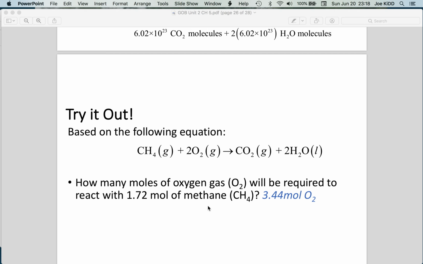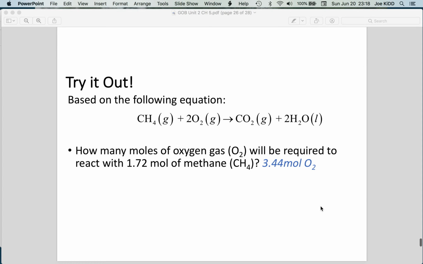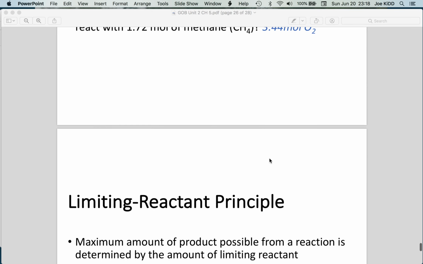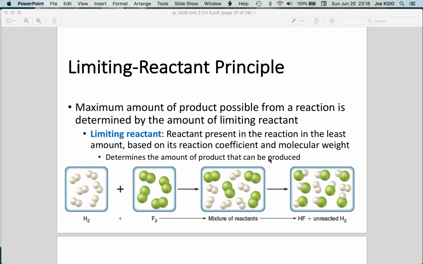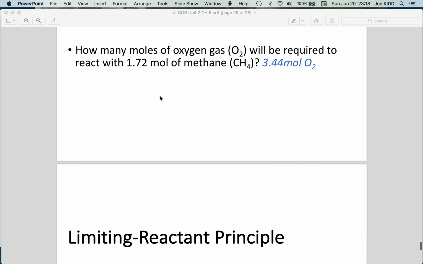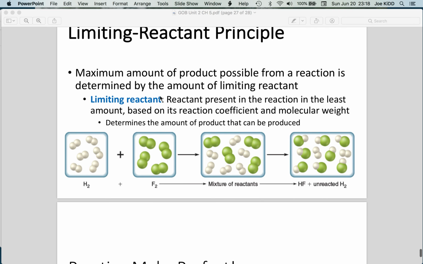So if I have 1.72 moles of my methane and it's a 1:2 ratio, I'm going to need twice as much oxygen for however much methane I have. That would give me 3.44 moles of my oxygen. So you can go ahead and start utilizing dimensional analysis to start helping you write these equations and solving these word-based type equations. And again, your homework will have lots of practice with this.